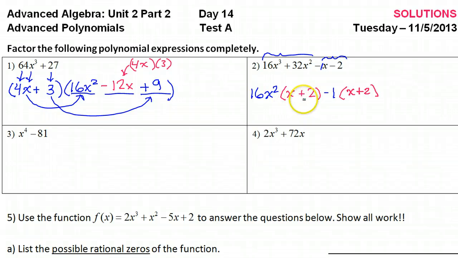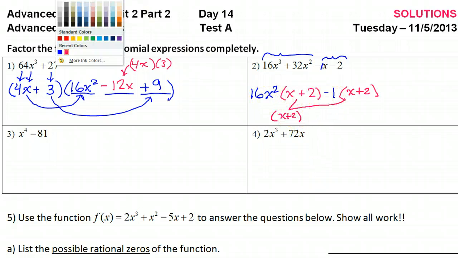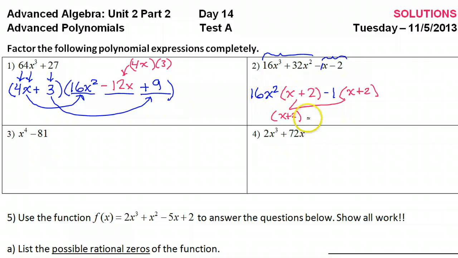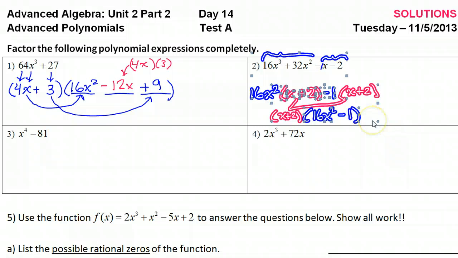Now this x plus 2 itself is a common factor. So we could bring it out front, and we will have x plus 2 times the blue stuff, 16x squared minus 1. Now, be careful not to stop here. Can you see why I can keep going with this?